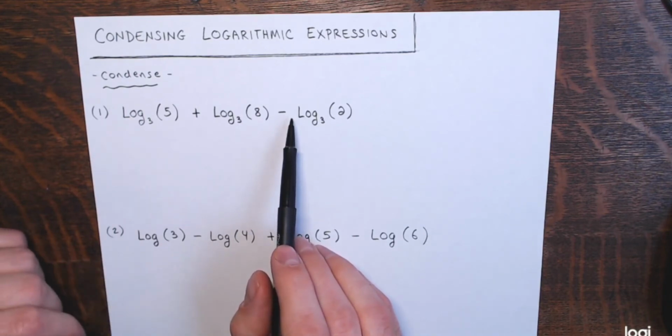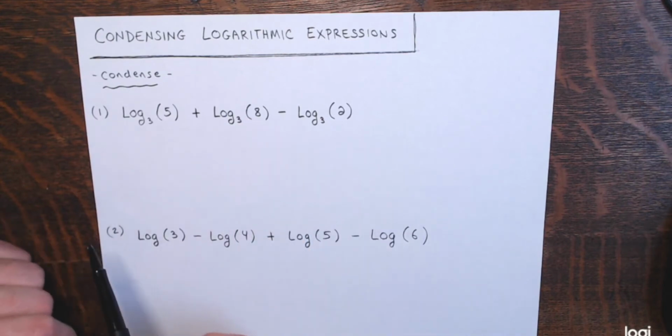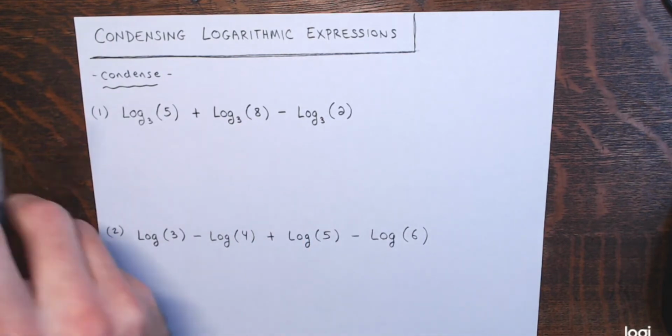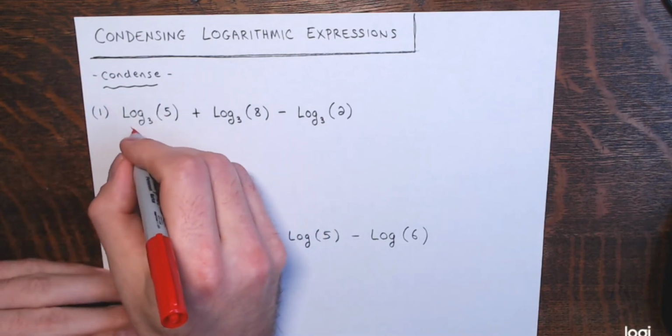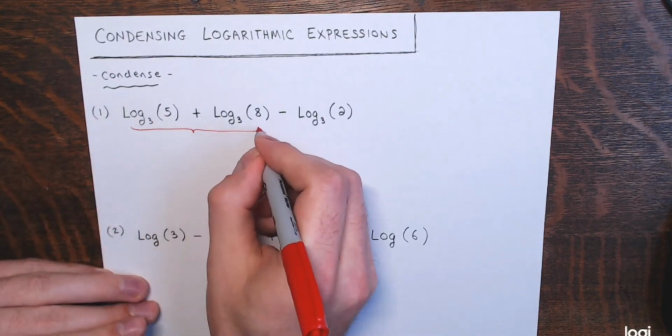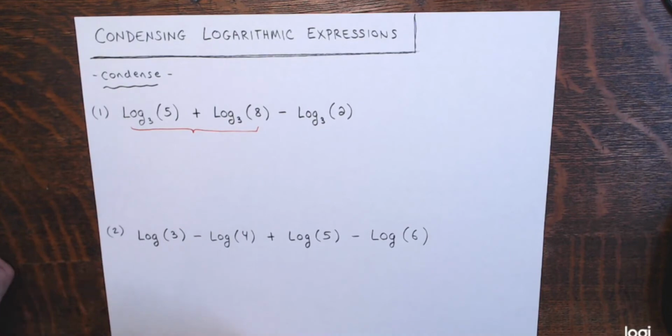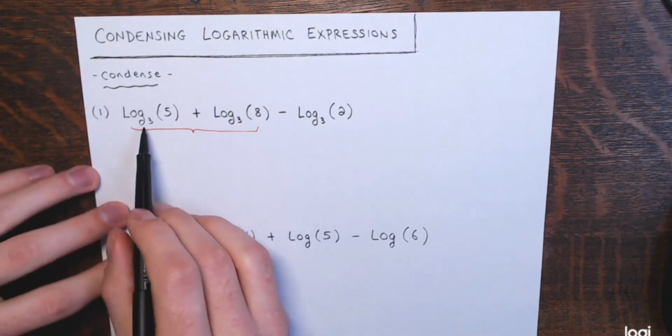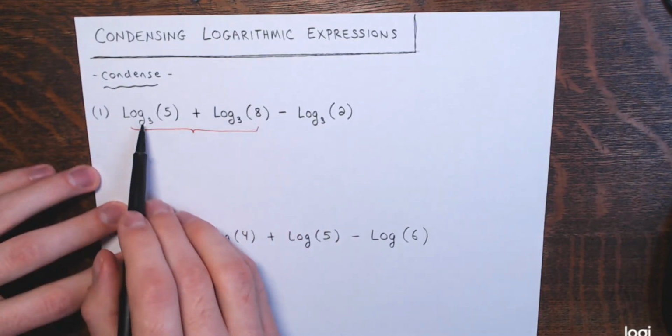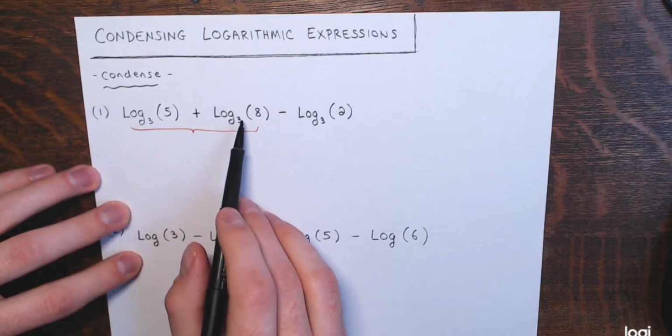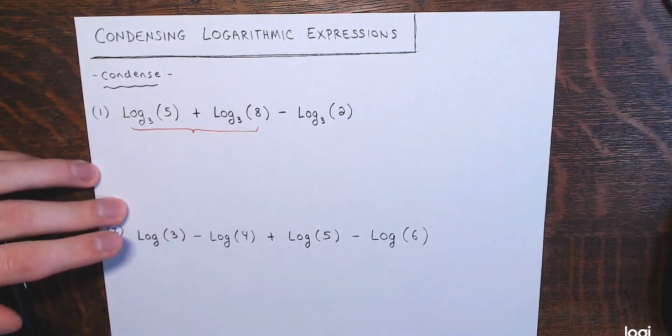So I don't need to use the power rule here. Then I go from left to right, just taking two terms at a time and applying the appropriate rule. The first two terms I see going from left to right, I have a sum of two logarithms. So that means I'm going to be applying that product rule.